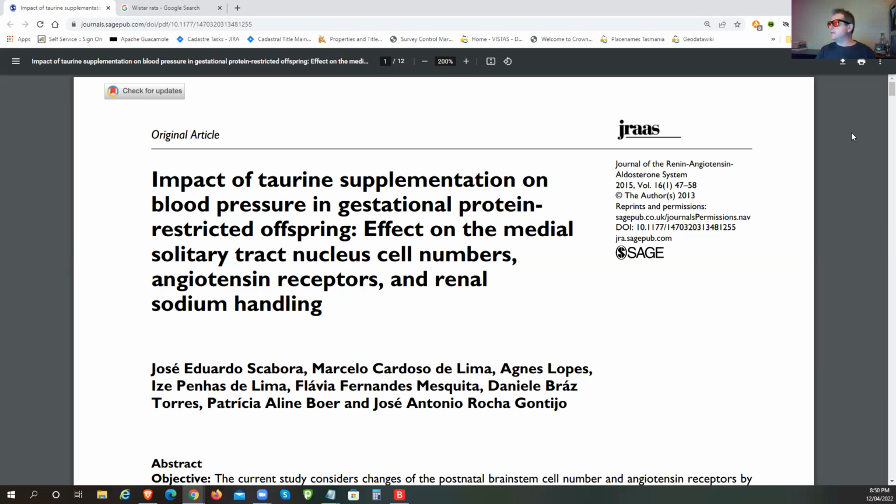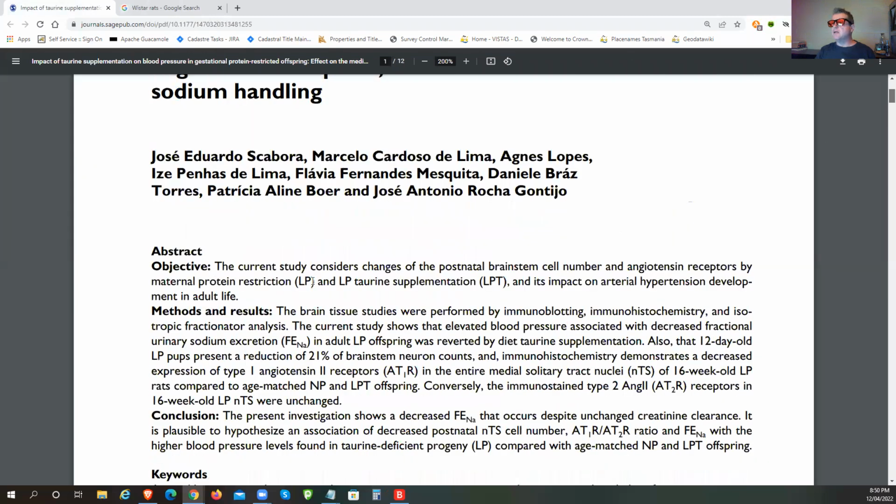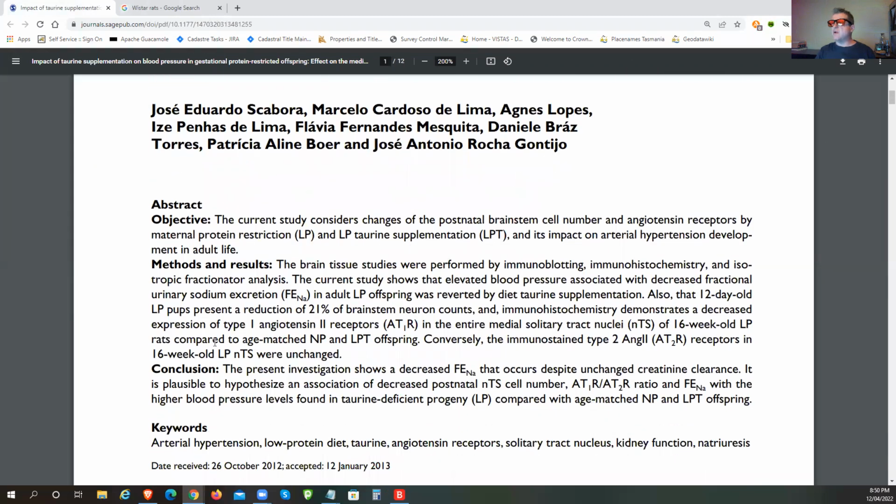How well do the kidneys handle those electrolytes? They're only looking at two electrolytes, potassium and sodium. So the current study considers the changes in postnatal brain cell numbers and angiotensin receptors by maternal protein restriction and taurine supplementation and its impact on arterial hypertension development in adult age.